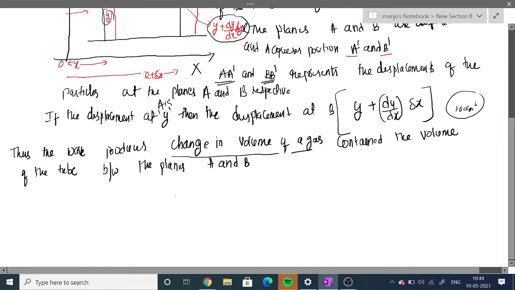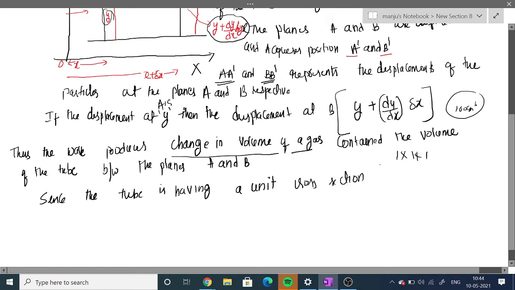Let us consider that the tube has a unit cross section area, meaning 1 into 1 into 1.